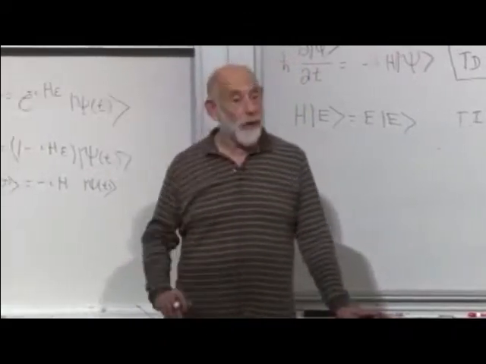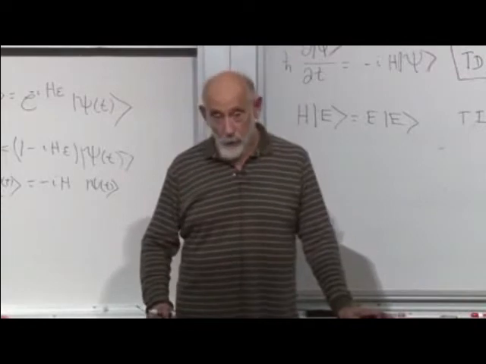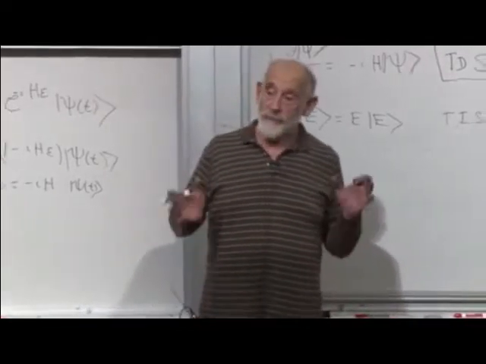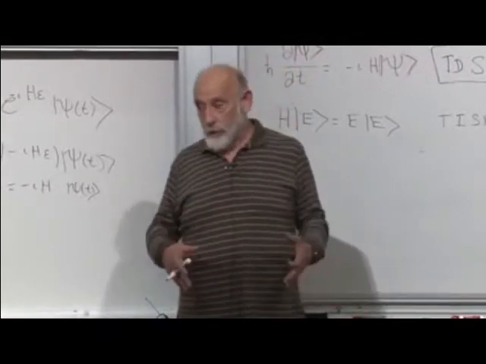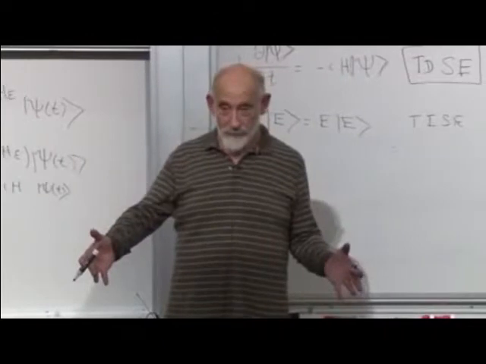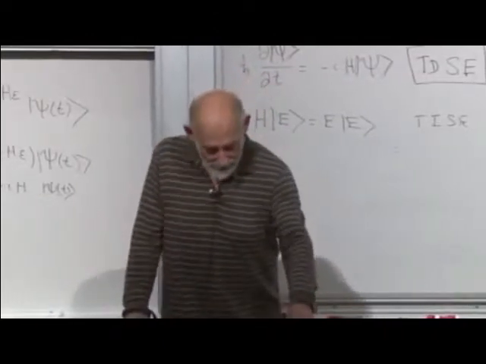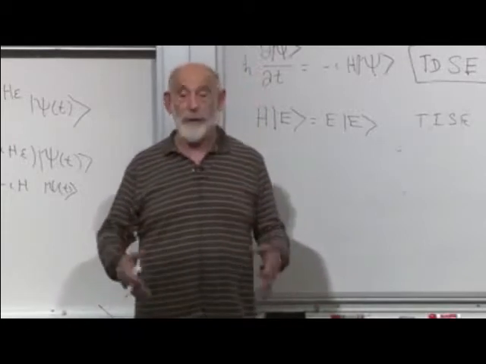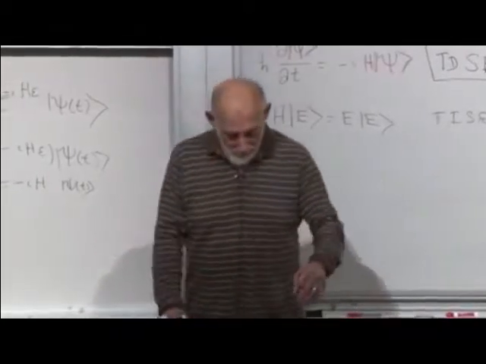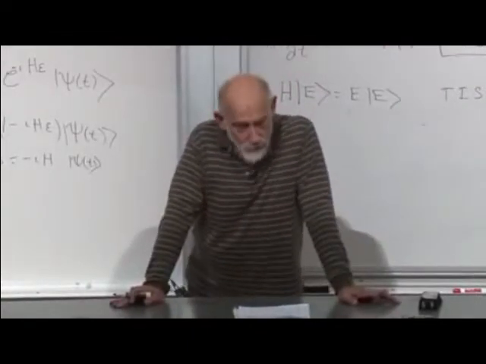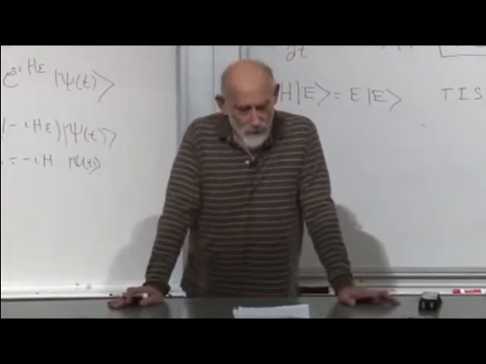All it means is that if you rotate your coordinates, the description of the hydrogen atom doesn't change. Or another way to say it is if you rotate the hydrogen atom, it's still a hydrogen atom. It may or may not be the same state, but it's still a hydrogen atom described by the same set of equations. So the notion of a symmetry is central in quantum mechanics.